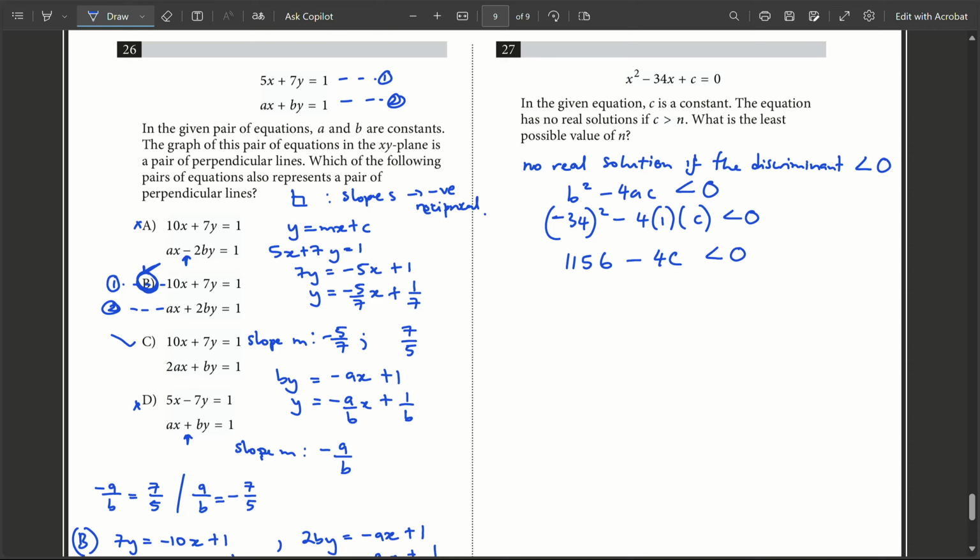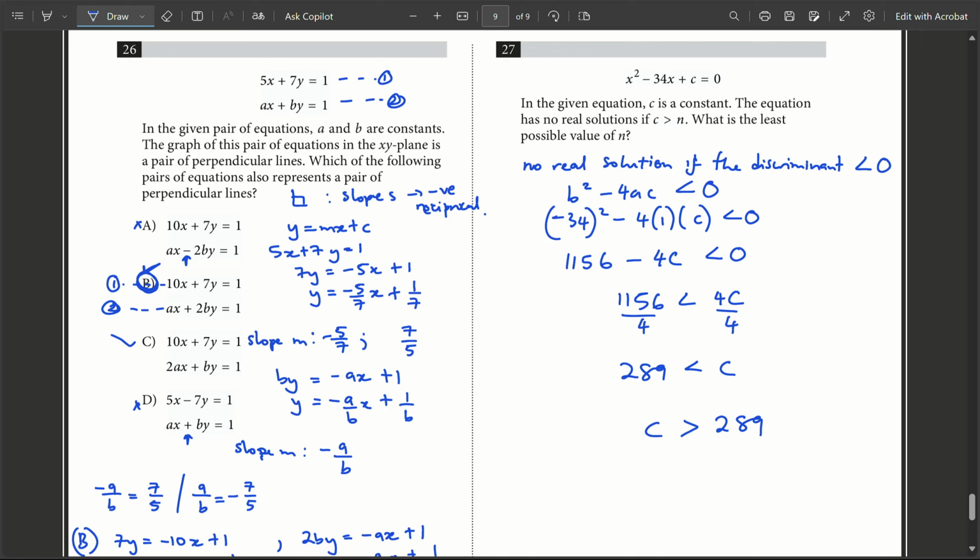We take 4c to the other side and it becomes a positive 4c. We divide both sides by 4 and we have 289 < c. If we rewrite it, then c is greater than 289.